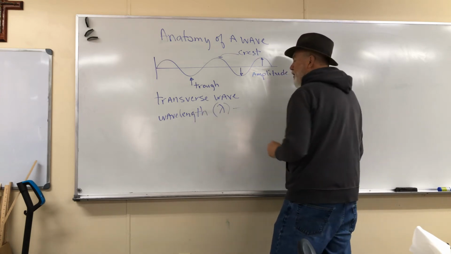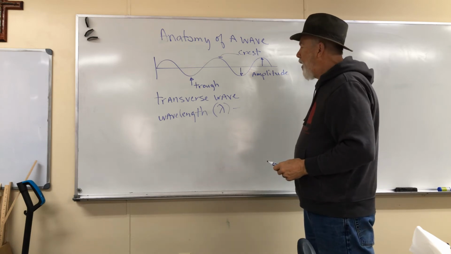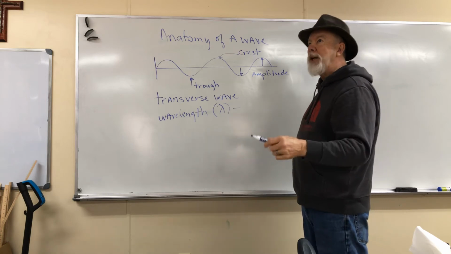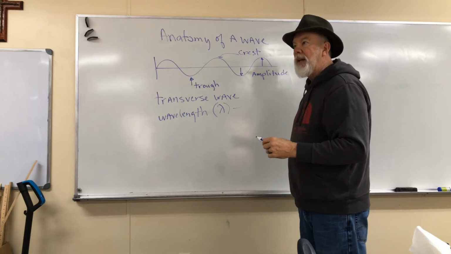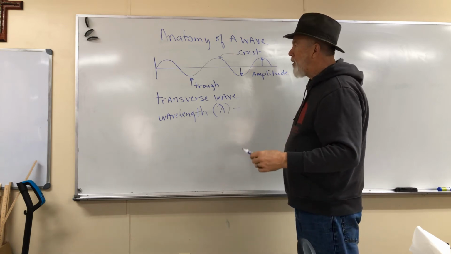And the definition that I want you to write down, and I'm going to repeat it twice, is the place on a wave to where it reoccurs again. We'll say that again. The place on a wave to where it reoccurs again.